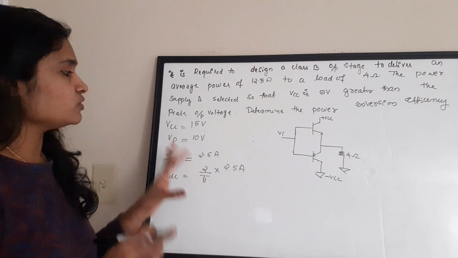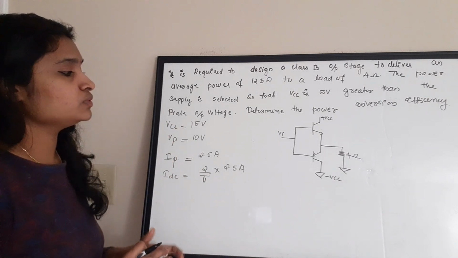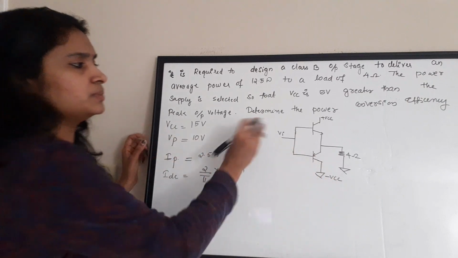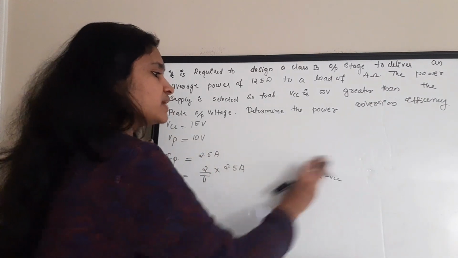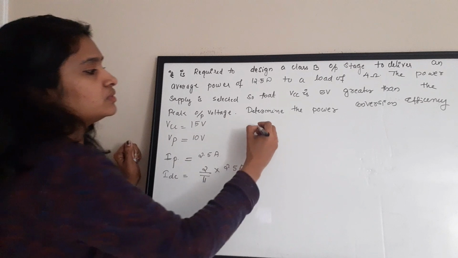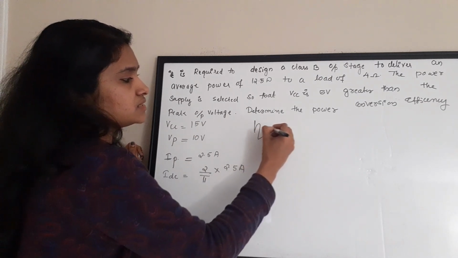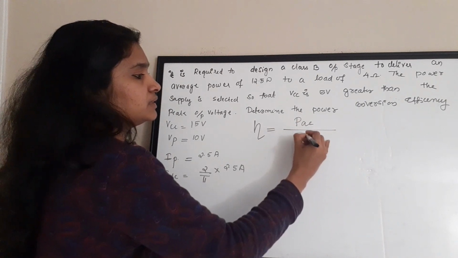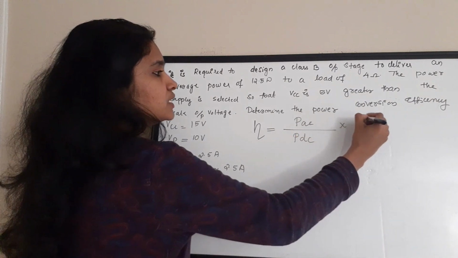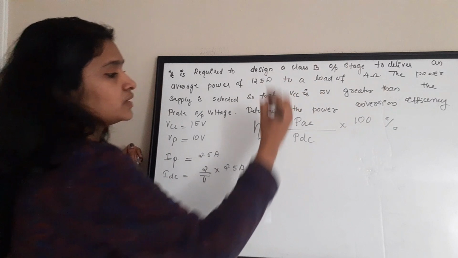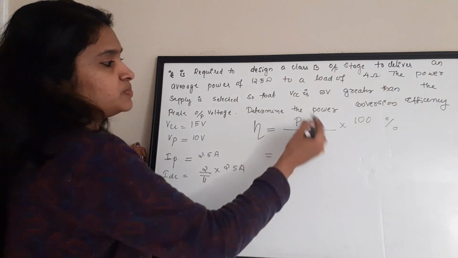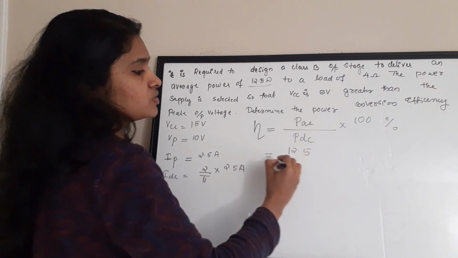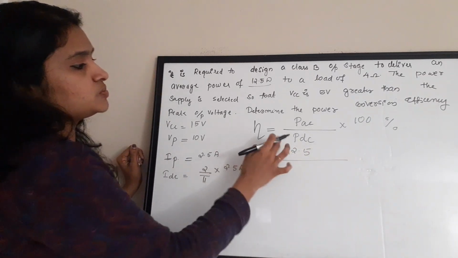Okay, so now we have all the required terms. I'm going to write the equation for efficiency. Okay, now I'll remove this circuit because it is not necessary. We have all the values in our hand. So, efficiency eta is equal to output power PAC by PDC into 100. It will be a percentage. Okay. So, what is PAC? It is already given in the question. 12.5 watt by, what is PDC?